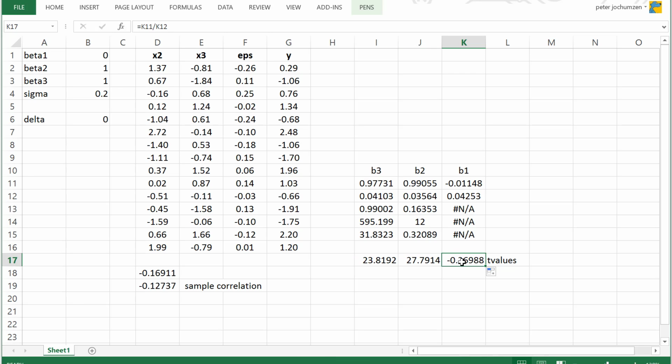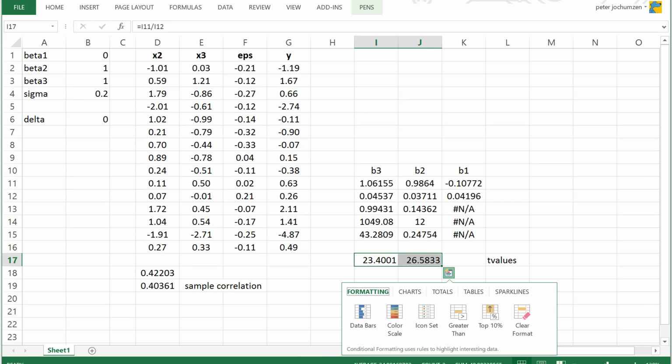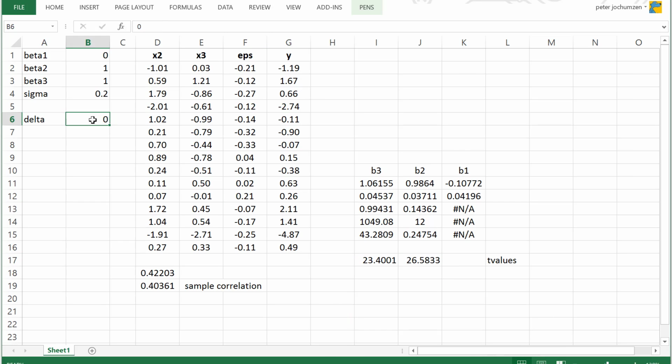Let's remove this one for the intercept. Remember, the critical t-values are somewhere between 2 and 3, and these are huge. So it's very easy here for OLS to figure out that beta is strictly greater than 0. If you do confidence intervals, you'll also see that they are pretty tight. OLS is happy because there is no multicollinearity at all.